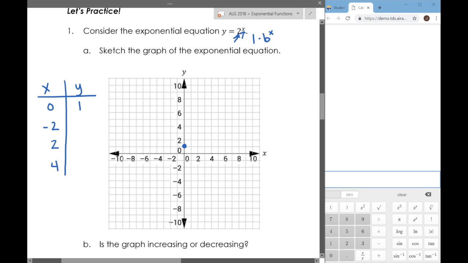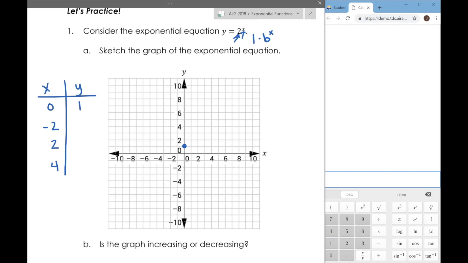So on the right-hand side, I'm going to use the calculator. We're going to input this as 2 to the power of x, and I'm going to put my cursor over the 2 and erase the 2. Now I'm just going to input the new value. So the first value we're going to put is -2.